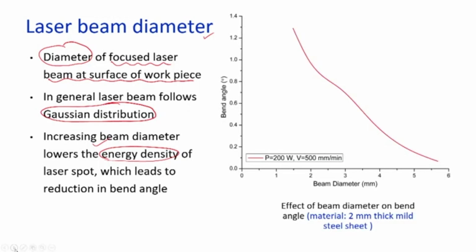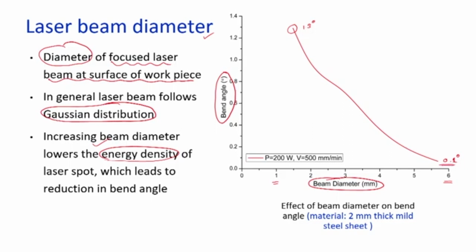This has been shown on your screen. You can see a plot of bend angle with respect to the beam diameter. As we increase the beam diameter from 1 mm to about 6 mm, it is noticed that the bend angle is almost linearly reducing from about 1.3 degrees to 0.1 degrees, which is a very low, insignificant value.